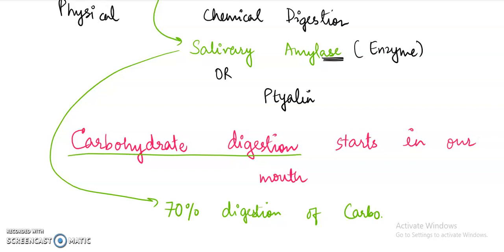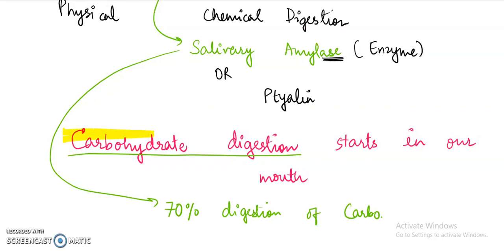So here the important things to remember are: saliva is a lubricant. It is produced by the salivary gland. It contains an enzyme which is known as salivary amylase or ptyalin. The pH of the mouth lies somewhere between 6 to 7. Which polymer gets digested in the mouth, or which macromolecule gets digested in the mouth?